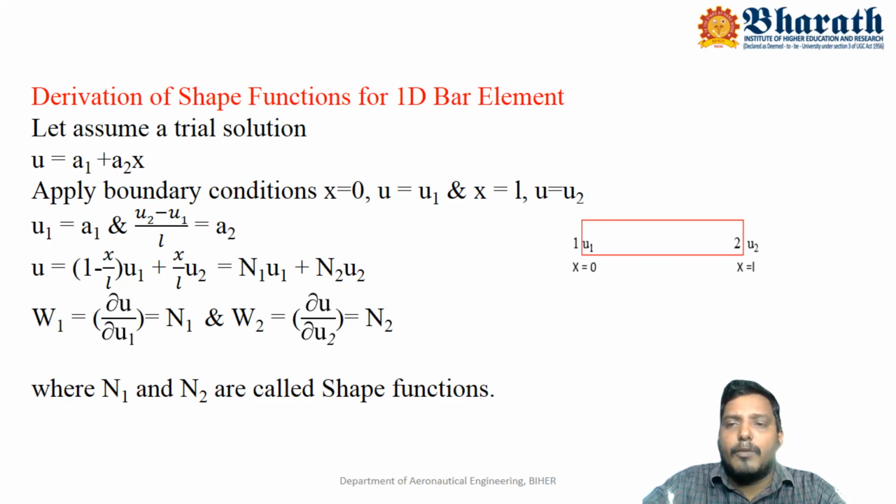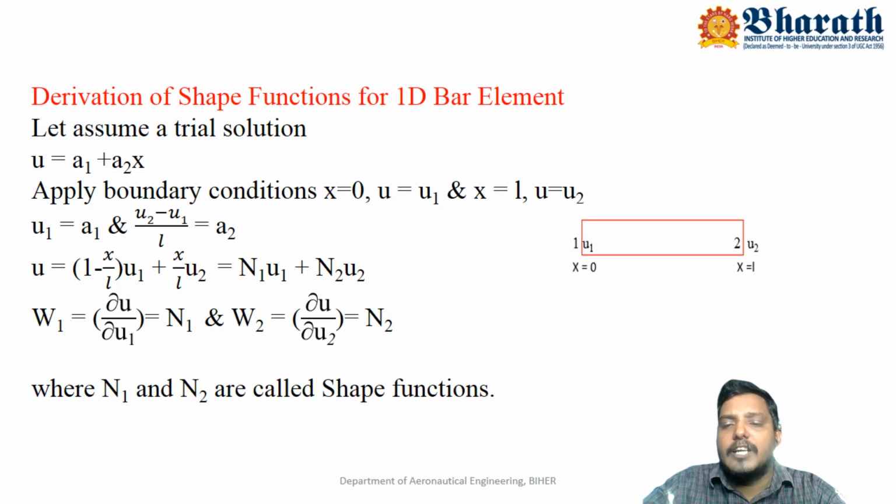So what is the property of a shape function? At one node, the shape function will be unity, and at other nodal locations it will be 0. Let us consider nodal location 1, x equal to 0. We apply it, N1 value equal to 1, N2 becomes 0 at nodal location 1. Suppose you consider nodal location 2, what is the condition? X equal to L. We apply it, then we get N1 value equal to 0, and N2 value equal to 1. Also the summation of shape functions will be unity.